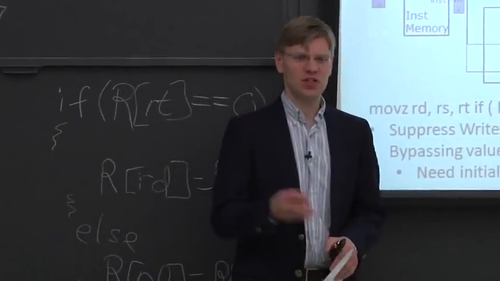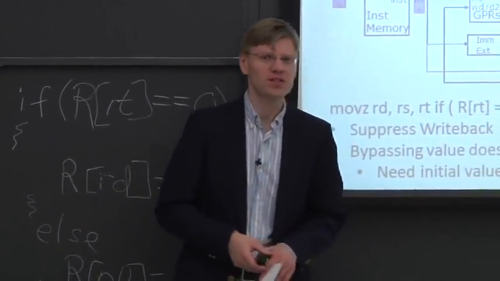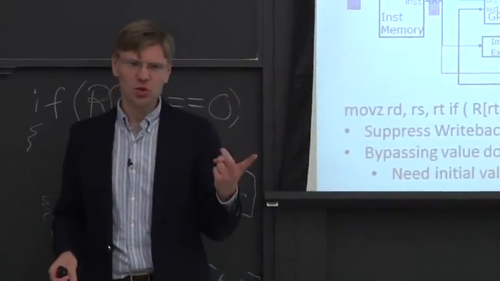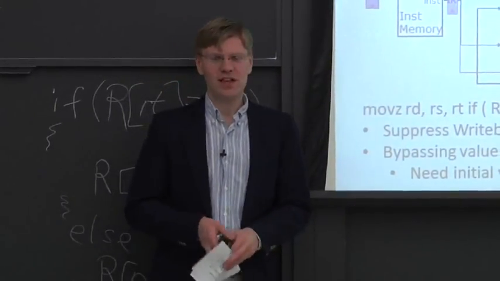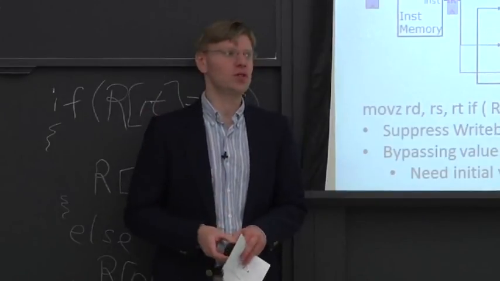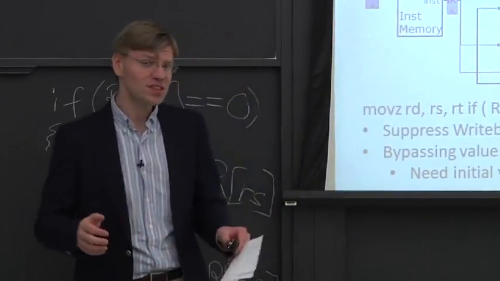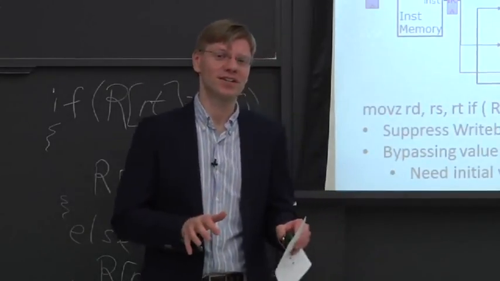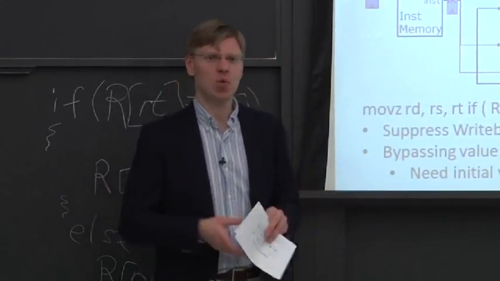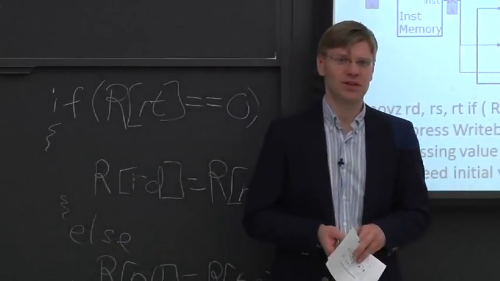Each of those ways, or each of those pipelines, is going to read 2, if you don't have conditional move, we'll say. And it's going to write 1 value. So it's going to have 6 read ports and 3 write ports. So it's a 10-port register file. No, excuse me, it's a 9-port register file to begin with.